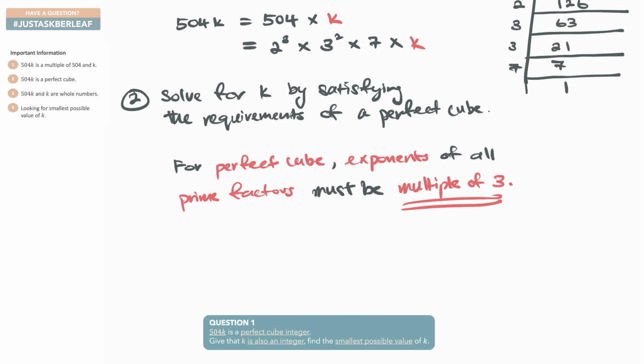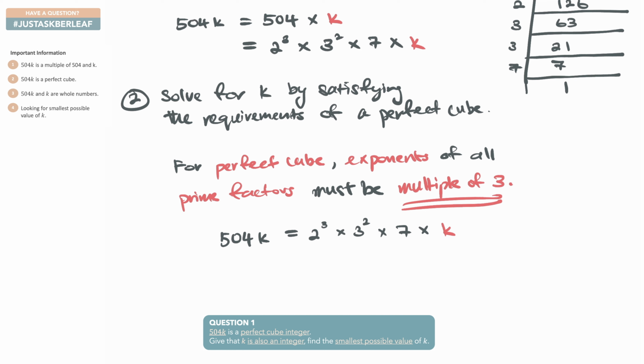An exponent refers to the power that normally floats on the top right of a number. For easier reference, let me write this down one more time: 504k equals 2 cubed times 3 squared times 7 times k.